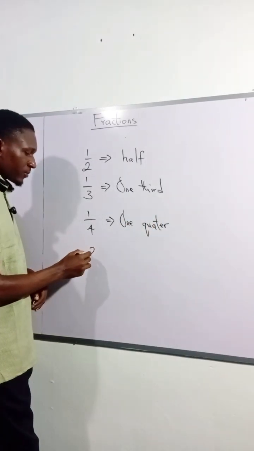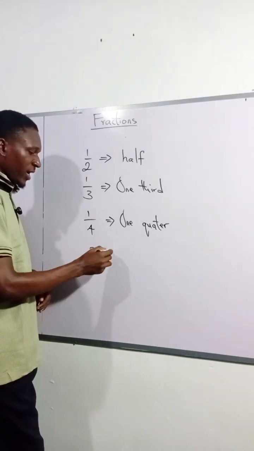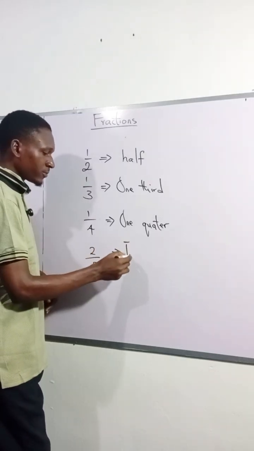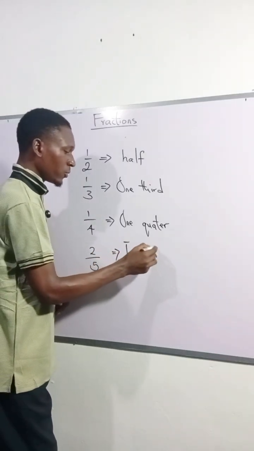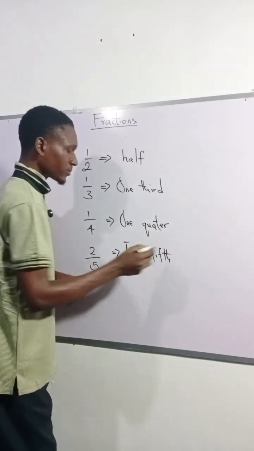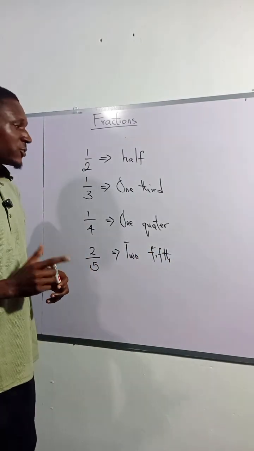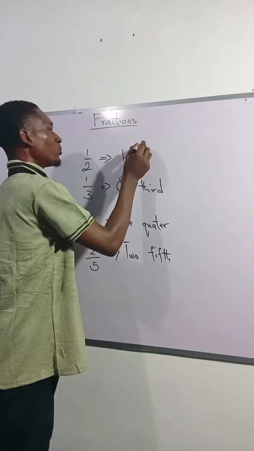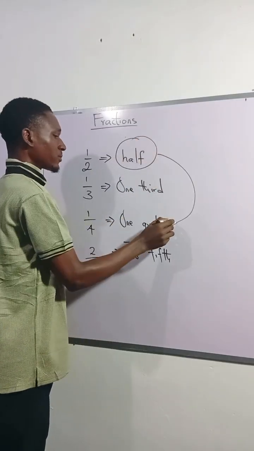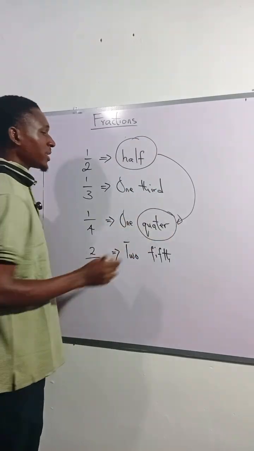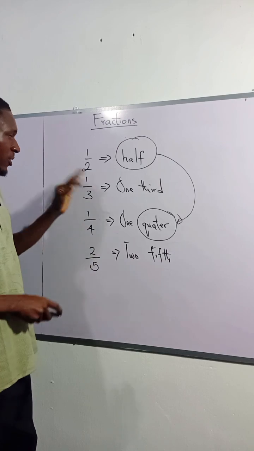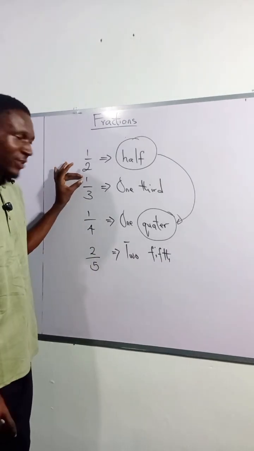You can have 2 out of 5, which will be what? 2/5. So the major ones you should memorize are half and quarter. You see the rest. You just write the first number at the top of the fraction.